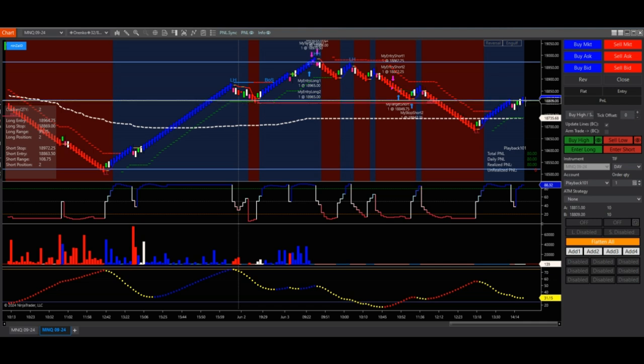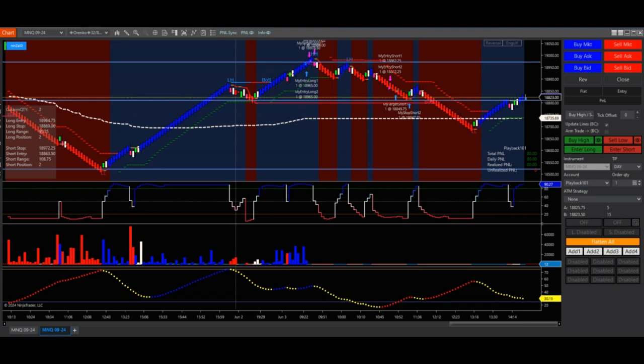It's 3 p.m. now, and we have 1 hour and 30 minutes before market close. All right, so it looks like it broke through the support area.